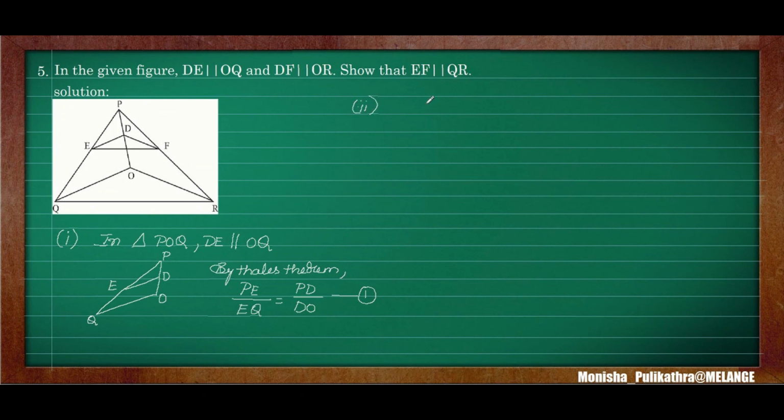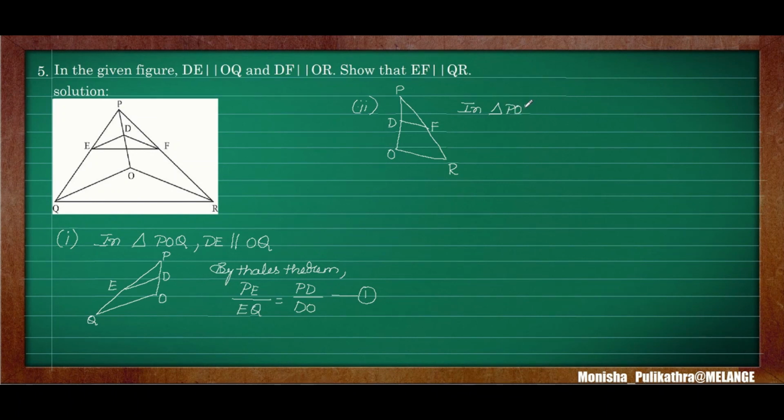Next we need to take the second case, second triangle. So another one is POR triangle where DF is parallel to OR.